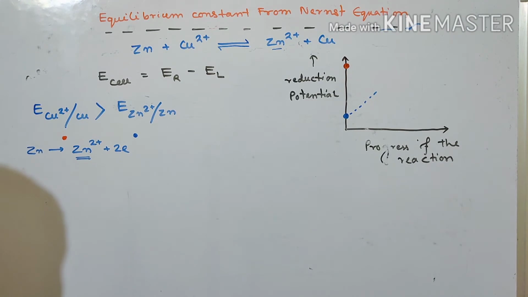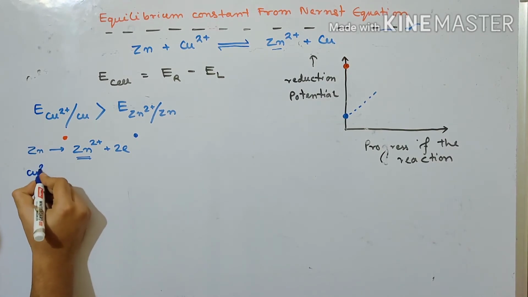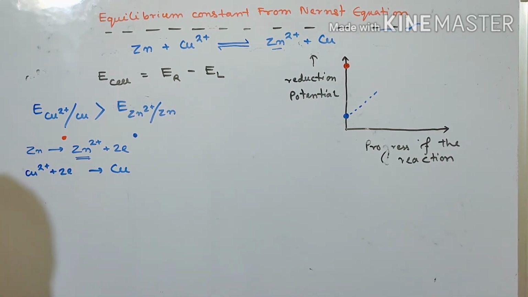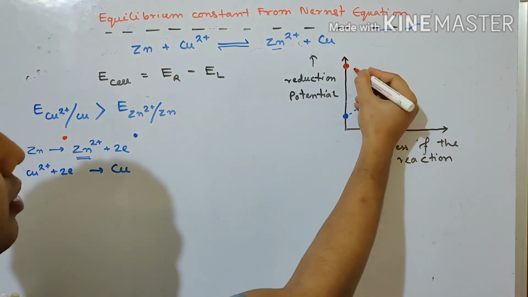On the other side, copper 2+ will convert into copper. Copper 2+ accepts 2 electrons, we know these things, and will convert into copper. So there will be a lesser amount of copper 2+ ions in the medium, so it will decrease.